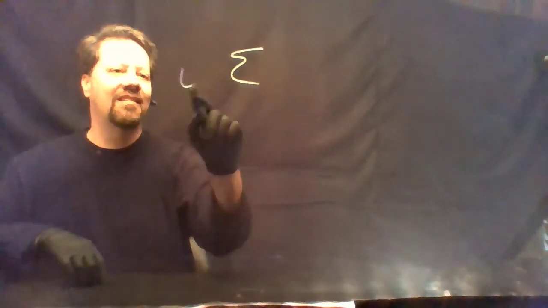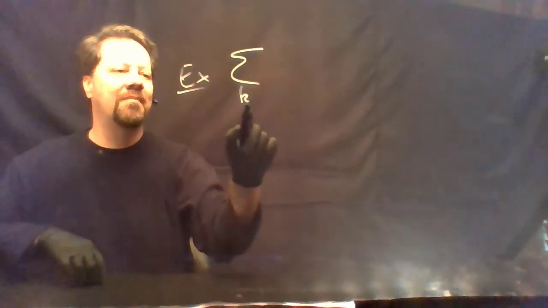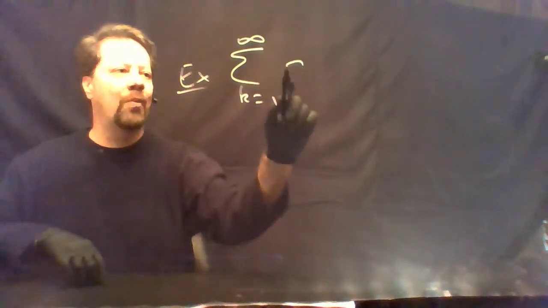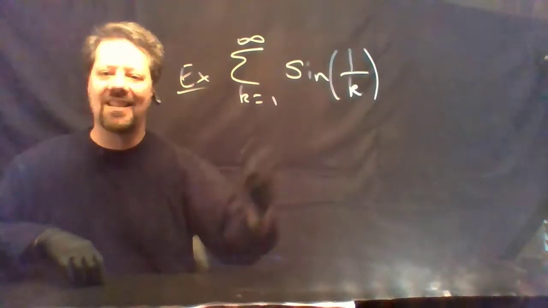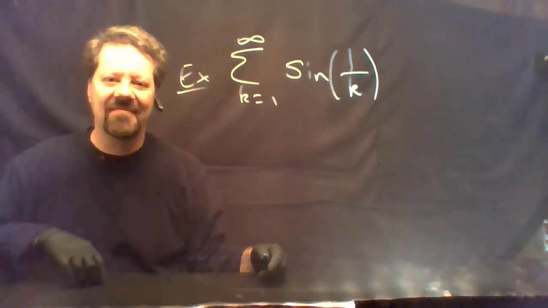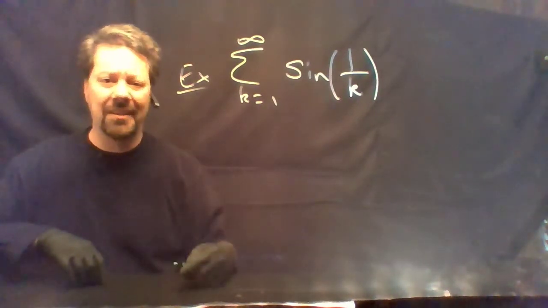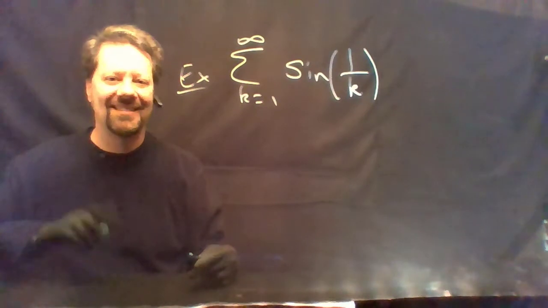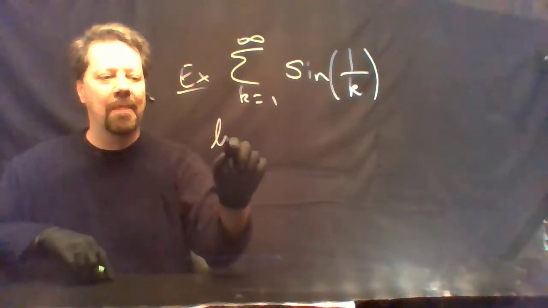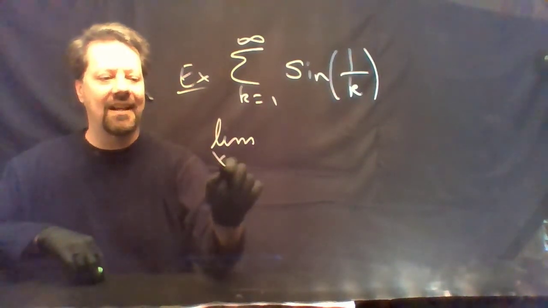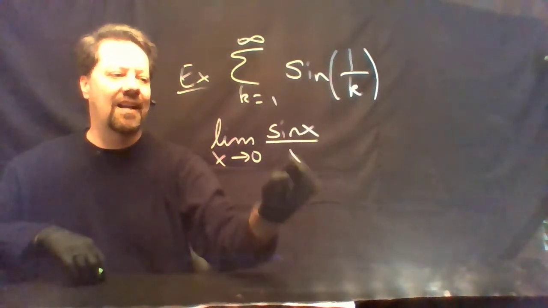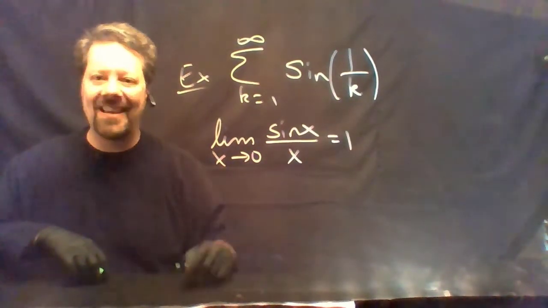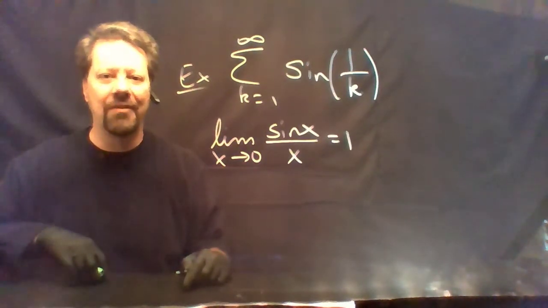Let's look at, in the next example, the sum as k goes from 1 to infinity of the sine of 1 over k. We have a sine function. Isn't this going to get complicated? You need to remember, in the limit as x goes to 0, sine x over x is 1, which you may easily prove using L'Hopital's rule if you don't remember.